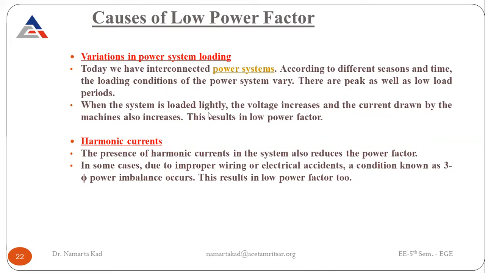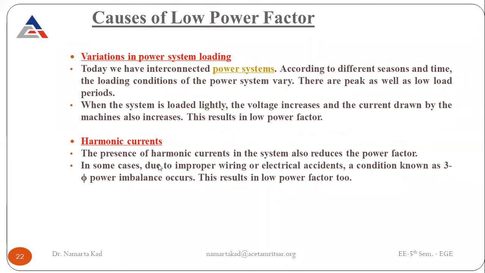So when the system is loaded lightly, the voltage increases and the current drawn by the machine also increases, and this results in low power factor. So this is another reason that contributes to the low power factor, that is the variation in the power system loading. That means if our power system does not run smoothly, then it contributes to the low power factor.